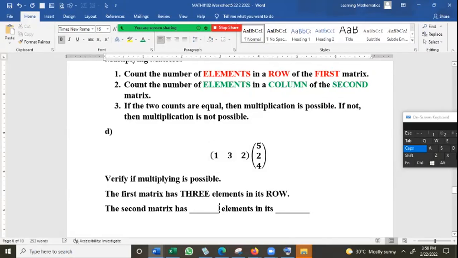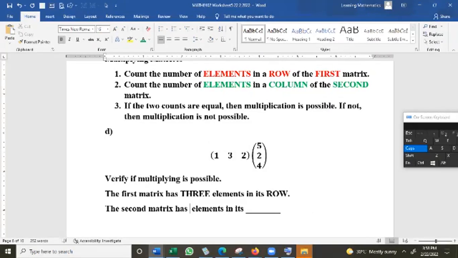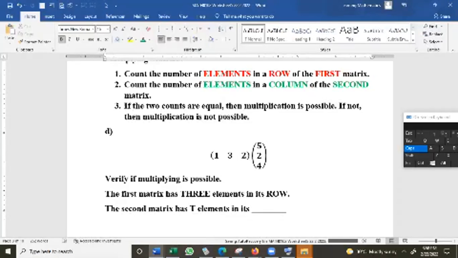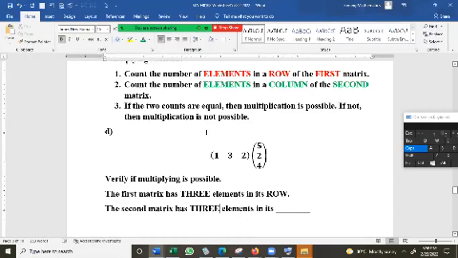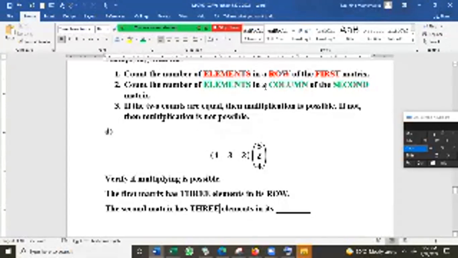The second matrix has dash elements in its dash. What is it? 3 elements in its row, you said? Remember we said count the number of elements in the column of the second. Oh, column. It has 3 elements in its column.